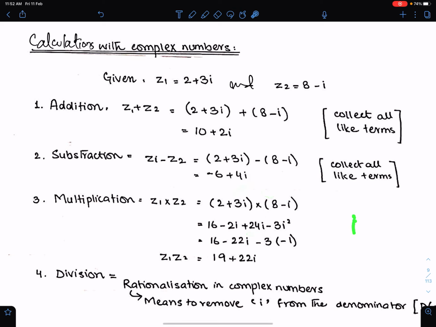And you all know i is the square root of minus 1 and i square is minus 1. So we have to replace this i square by minus 1 here. So finally we have got this answer, 19 plus 22i. So there is no problem with addition, subtraction and multiplication.